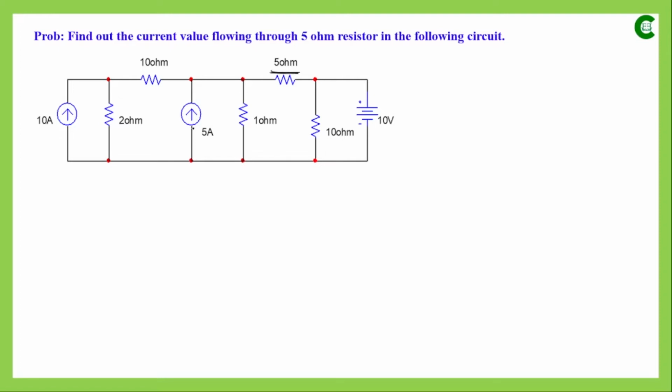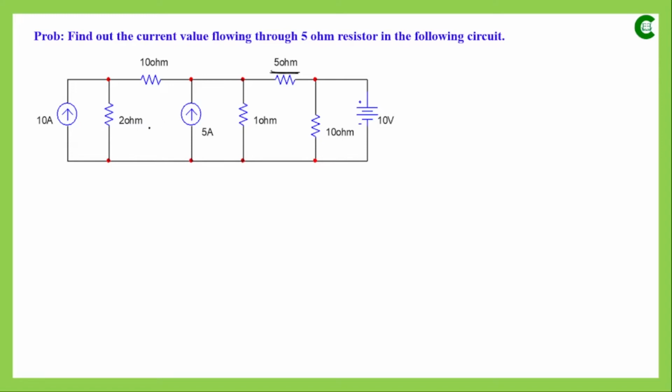There is a concept of source transformation that has already been discussed in an earlier video. You can refer to the link given in the description box. A current source connected with a resistance in parallel can be transformed into a voltage source, and after transformation that resistance will be connected in series with that voltage source.